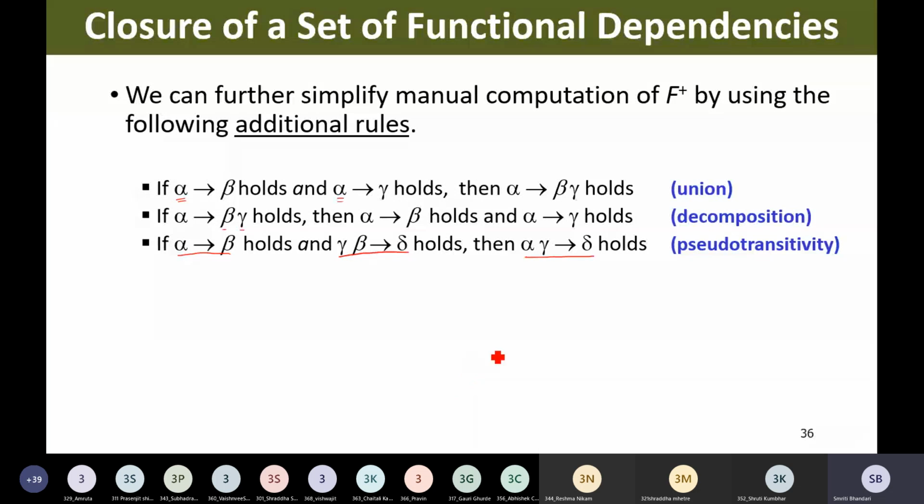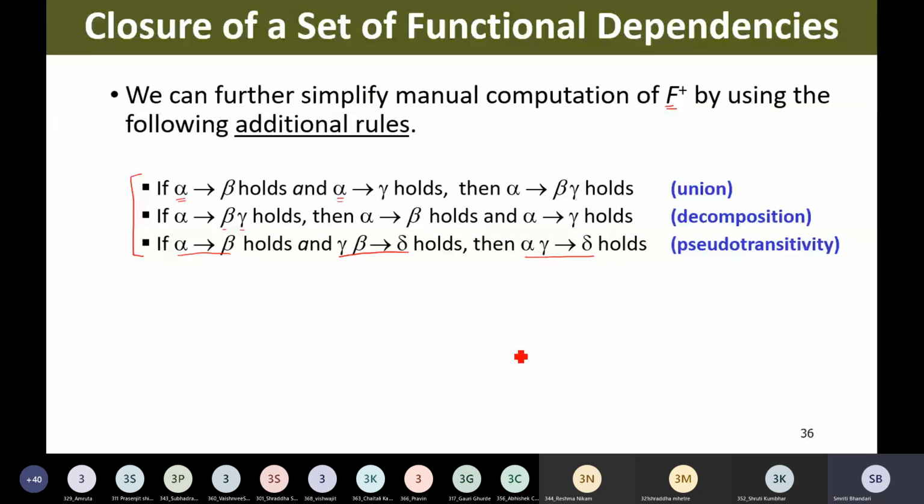And as I stated, all these rules can be proved by making use of the Armstrong's axioms, right? And why are these additional rules framed? To simplify the computation of F plus. In fact, by making use of Armstrong's axioms, it is possible for us to compute this F plus, no doubt, right?